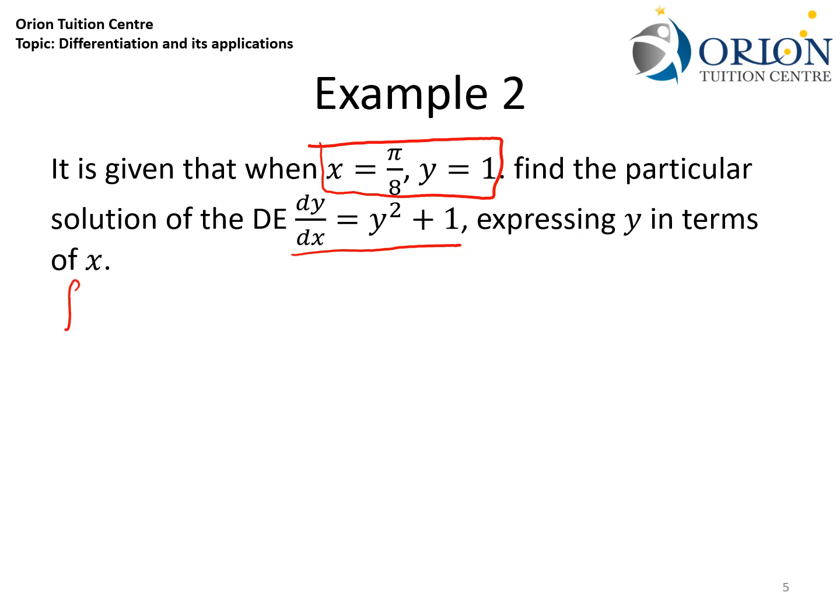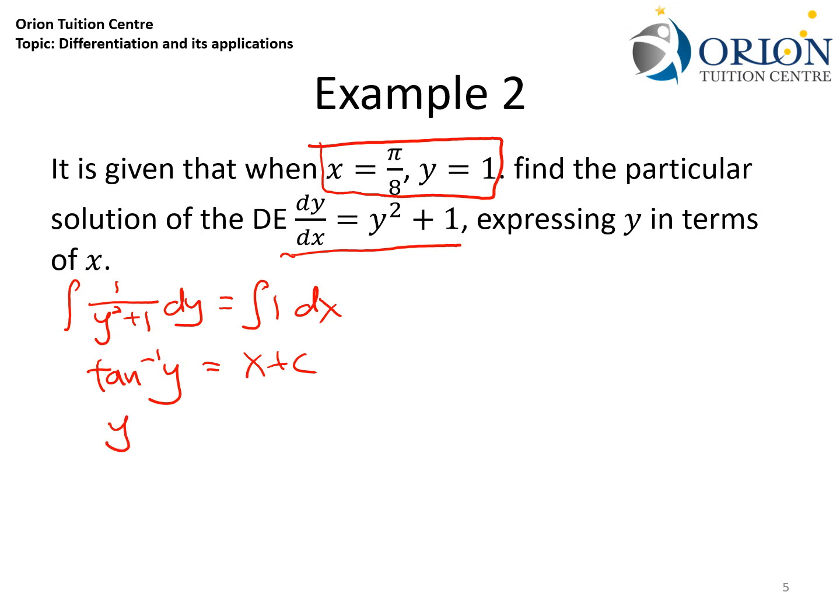By rewriting this DE, we will end up with integration of 1 over (y² + 1) dy equals to integration of 1 dx. Thus, integrating both sides, I will end up with tan⁻¹ y = x + c. And I can rewrite it as y = tan(x + c).